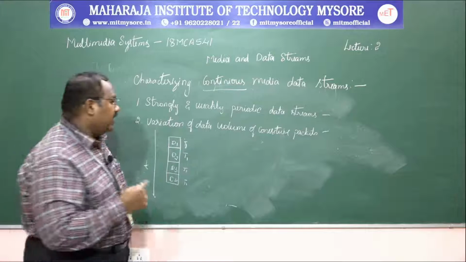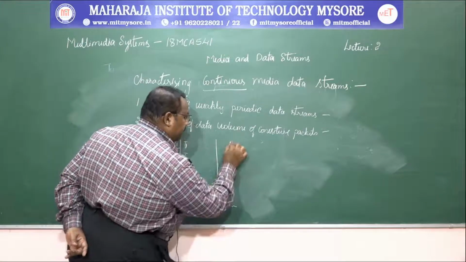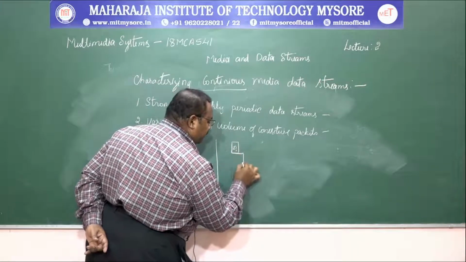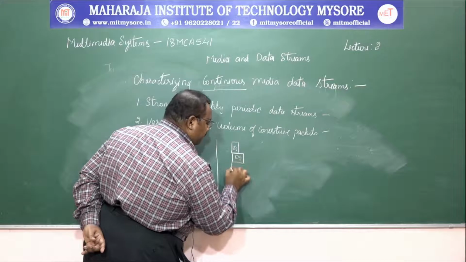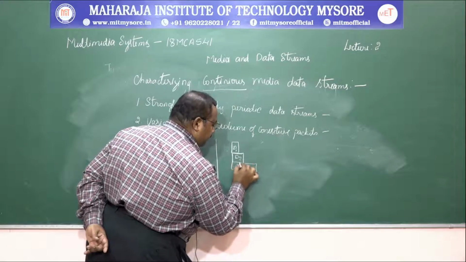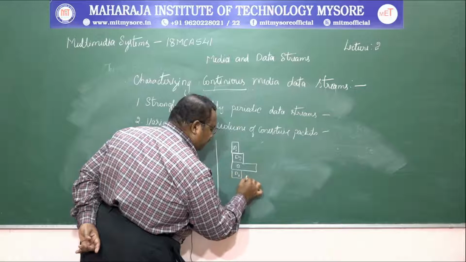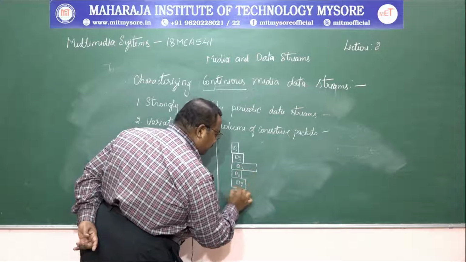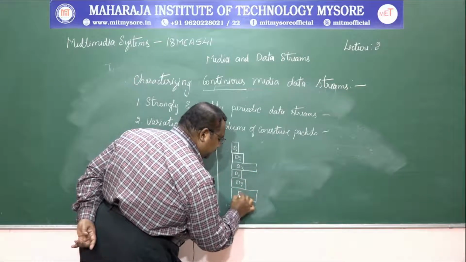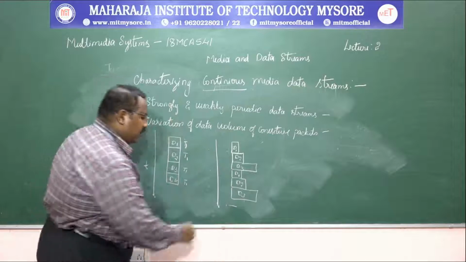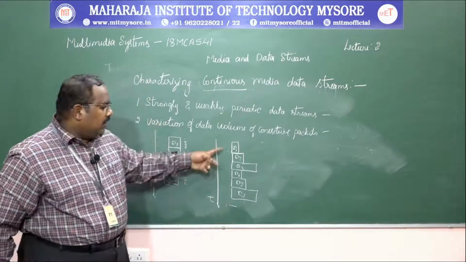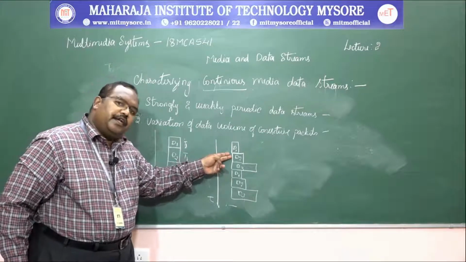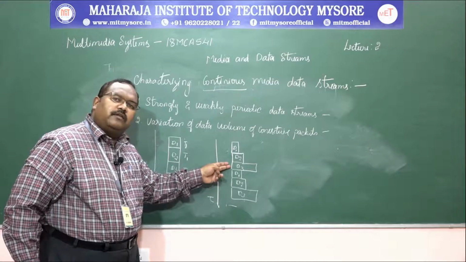Next we call it as weakly regular data streams. Look at this pattern over the time scale T. D1 is different from D2, the volume size of the data packet, and D2 has a different volume size with respect to data volume D3.